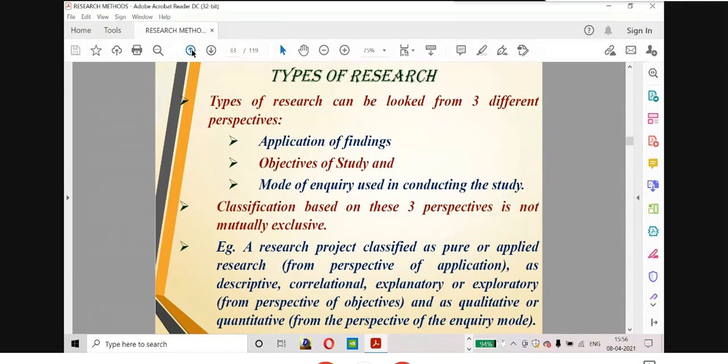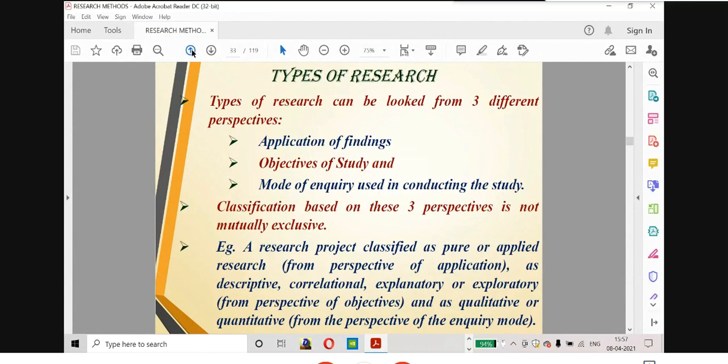Or have you conducted your research keeping certain objectives in your mind? Or how have you done your research? What methods have you followed? What modes of inquiry have you used? Depending upon these three perspectives, the quality of your research and the applicability of the research will change.